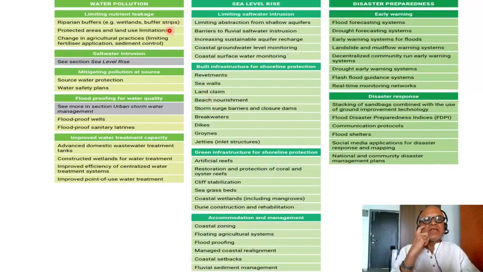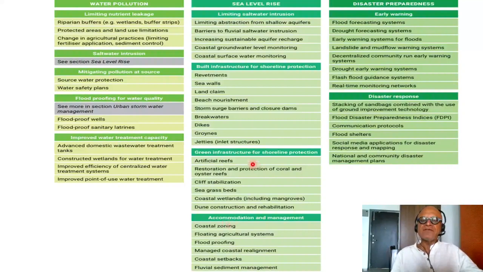Water pollution, as we said, limiting nutrient leakage, salt water intrusion, mitigating pollution at source, flood proofing for water quality, and improved water treatment capacities are important. Sea level rise, I'm repeating some of these, but it's okay, it re-emphasizes the points, and there are additional points under each header that we are going to look at in terms of tables, as I said. Limiting salt water intrusion, built infrastructure for shoreline protection, green infrastructure for shoreline protection, accommodation and management.